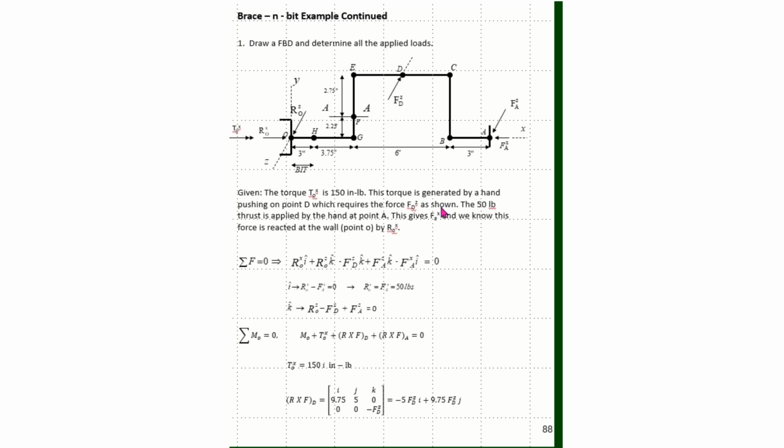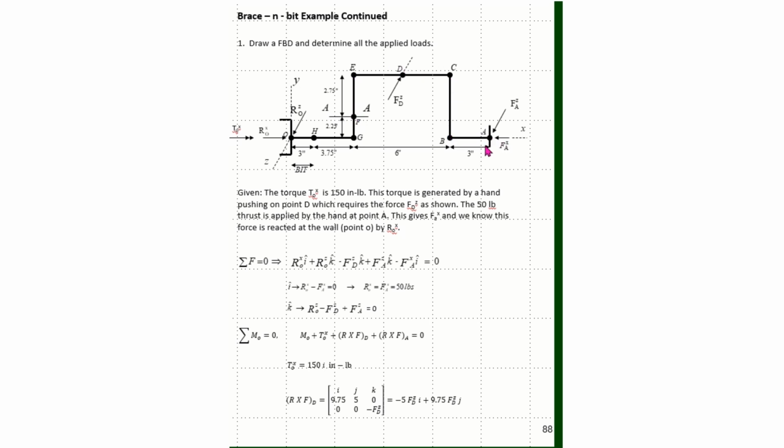Now I can take these applied loads and cut my system, and I can look at this half of the system, or I can look at this half of the system. In this example, I actually show you how to do both, but we will first look at cutting the beam here at section AA and looking in this direction.